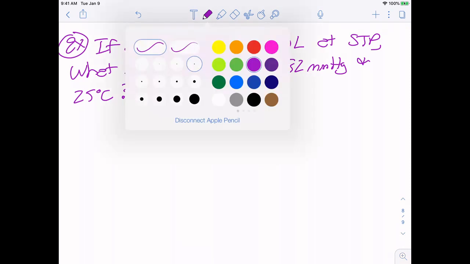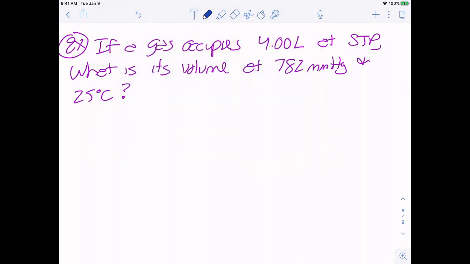So this is a different type. We're still going to use the ideal gas law, but I'm going to have two sets of conditions. I have a volume at standard temperature and pressure, and then I want to know what the volume is at a new set of conditions.